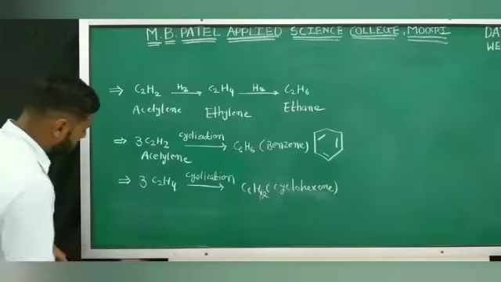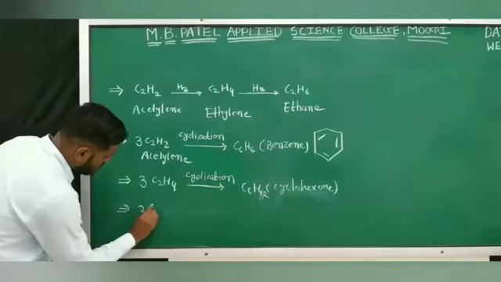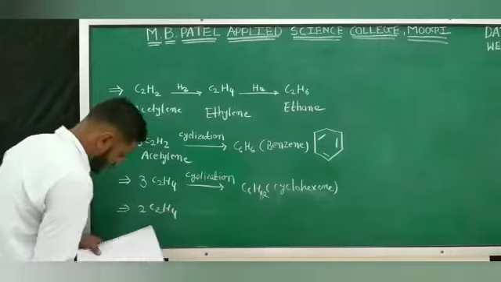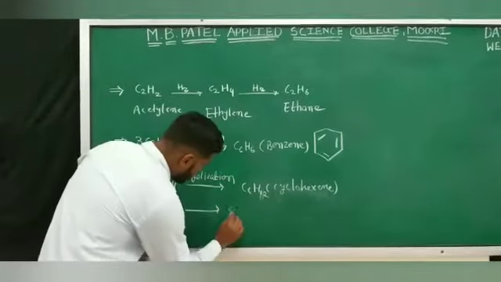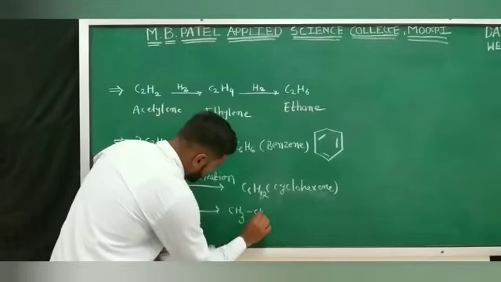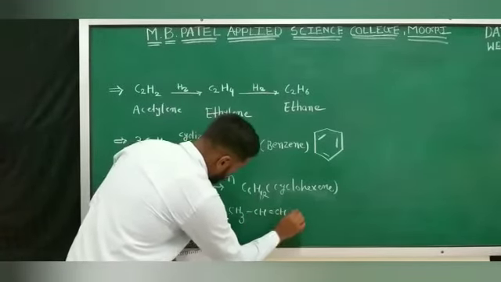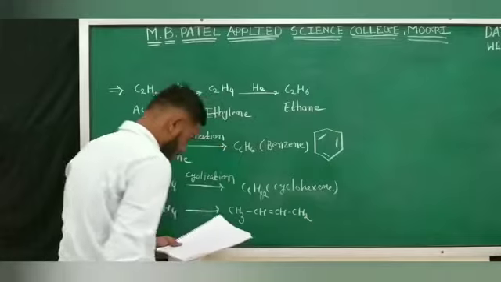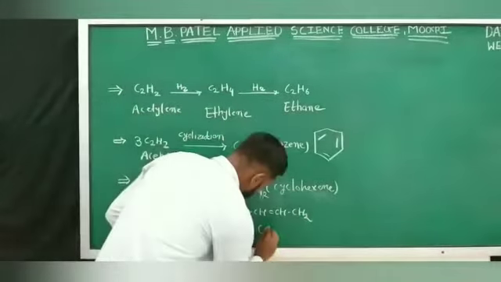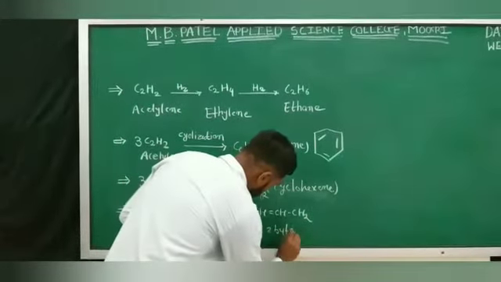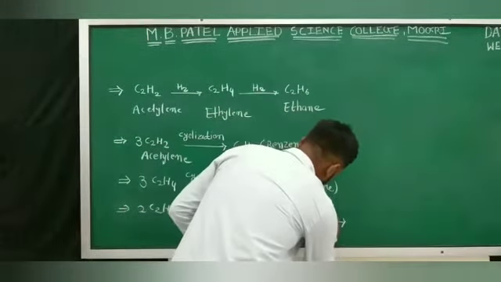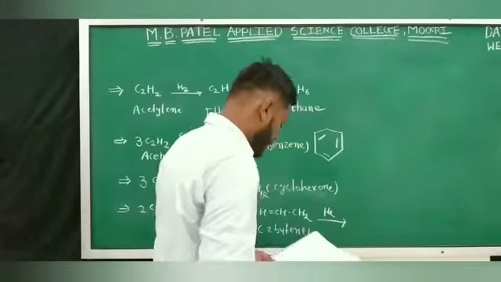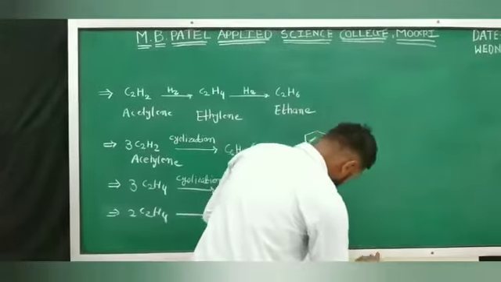In the next reaction, 2 moles of ethylene give butene, and the hydrogenation of 2-butene gives butane.